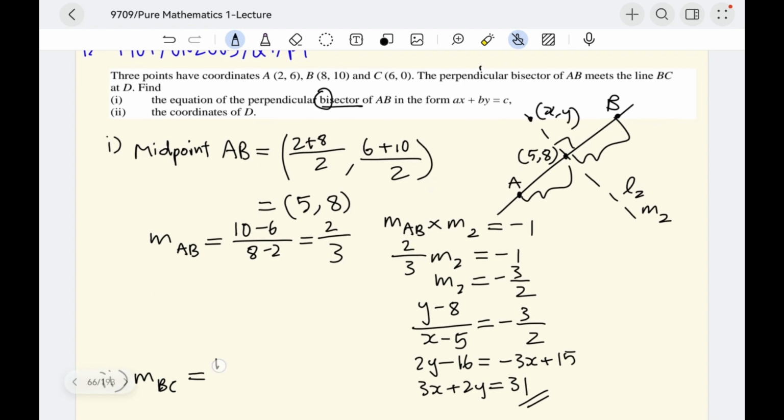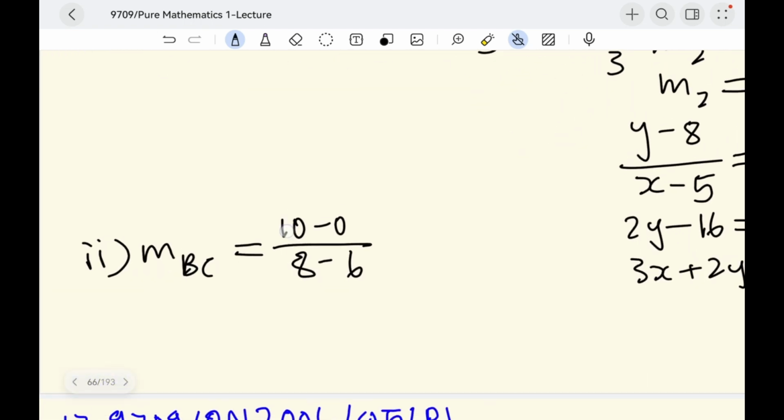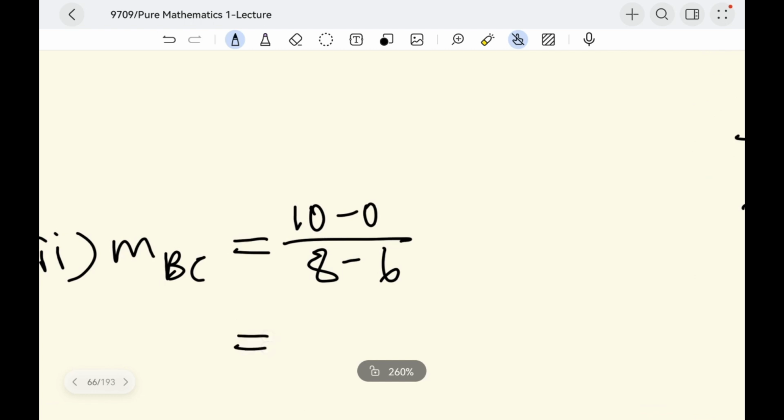So I have 10 minus 0 and 8 minus 6. At the same time you can do the gradient ratio.